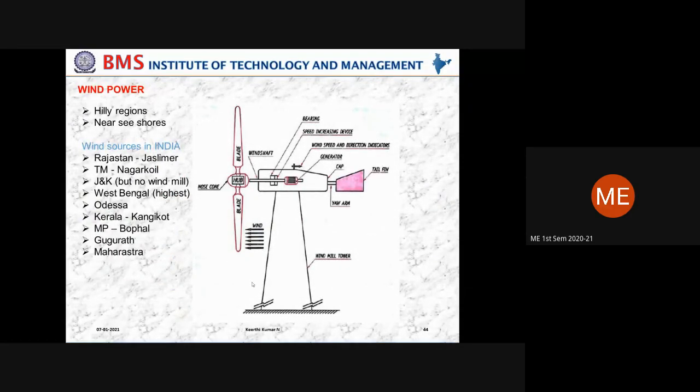Wind power. This is a windmill. Has anyone visited a windmill station or seen wind power windmills anywhere? Anyone? No?